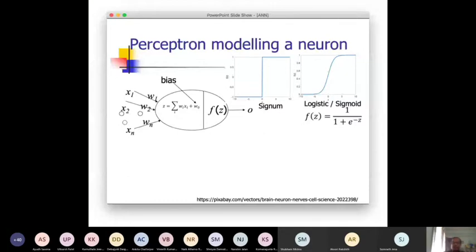These are typical examples. The signum nonlinear function is simply capturing the sign of your net input. If it is positive, the output would be 1, and if it is negative, the output would be -1. At 0 it is a bit undefined.